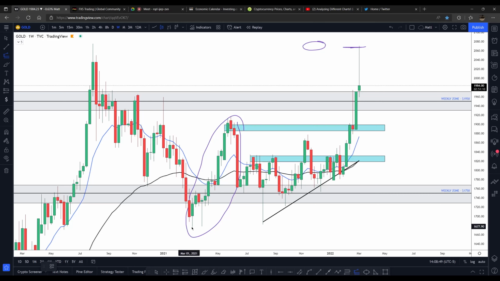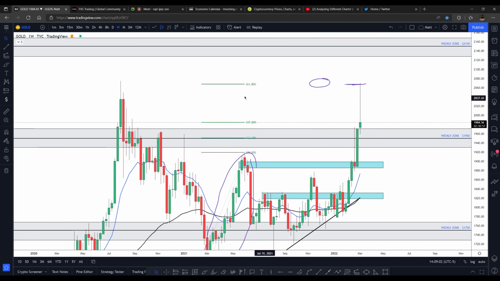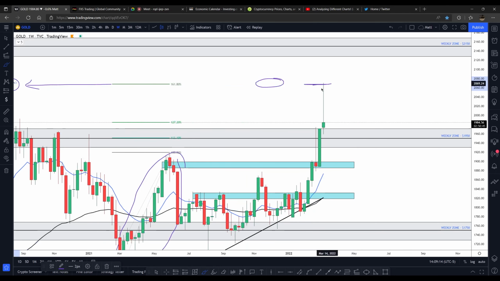I connected from this low to this high, back down to this low. I'm connecting back to point A, and these have different Fibonacci expansion levels marked down. This was a 161 expansion level, which lines up pretty close to the high we had close to 2 years ago, and this is where we currently rejected this level.